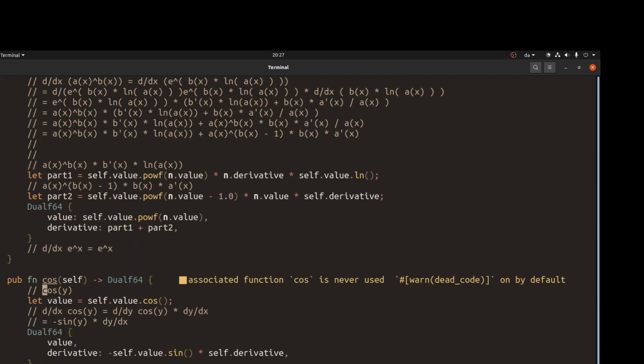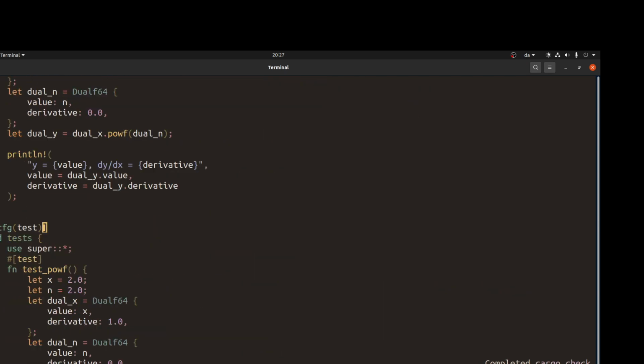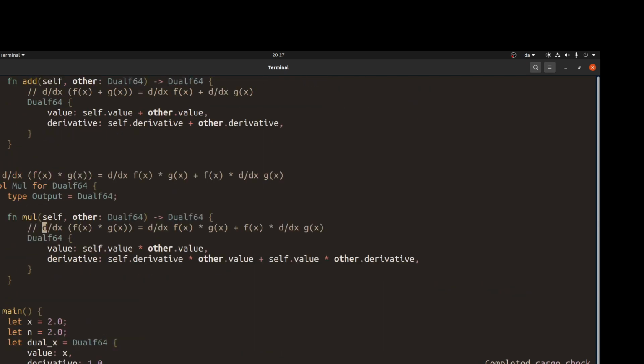So that warning doesn't really matter. So there you have it.